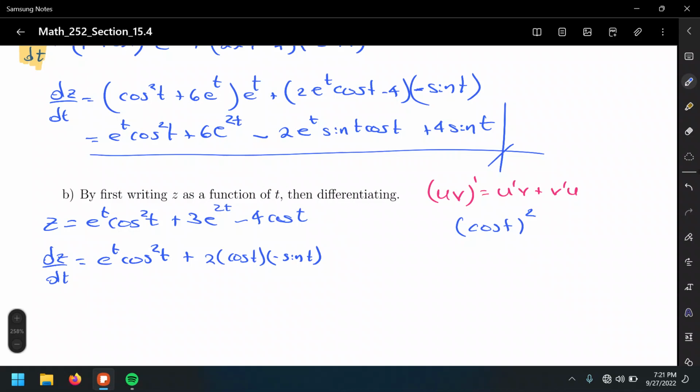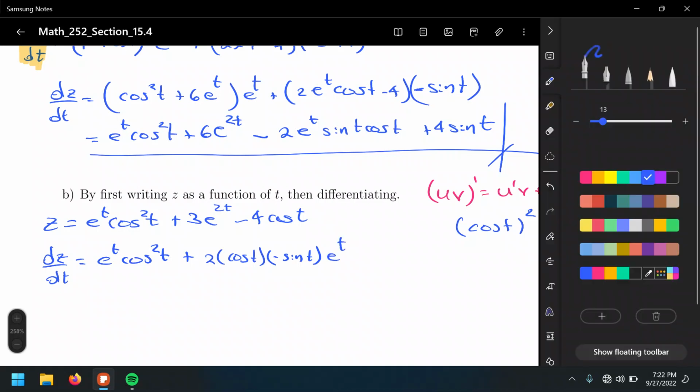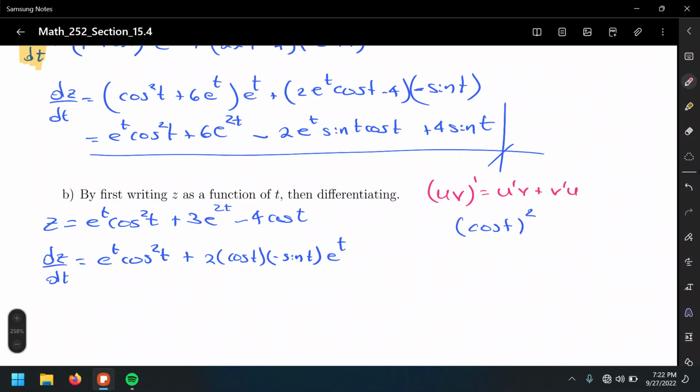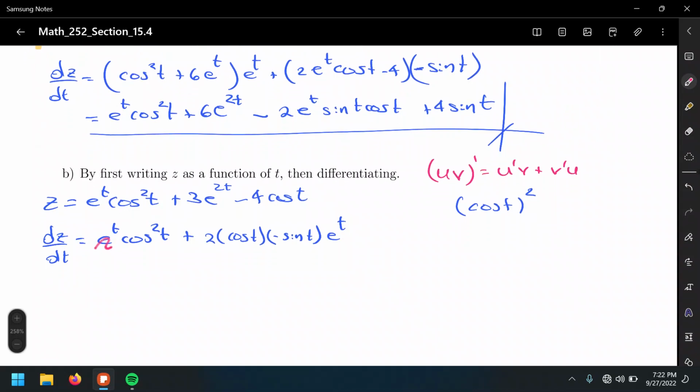Well, that's only the v prime. We still need to multiply by u, which in this case is e to the t. All right, let me label this, because we're going to have a bunch of terms, just so you can see which one is which. So this is u prime v plus v prime u. That's the product rule in action for that first term.